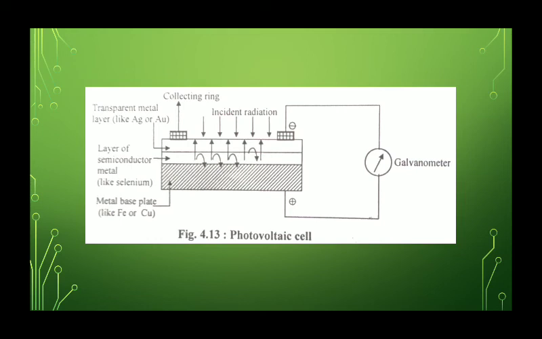It creates an electric voltage difference between the silver surface and the base of the cell. The external circuit has low resistance and therefore a photocurrent flows through the outer circuit. The photocurrent is recorded by a galvanometer in the circuit. The magnitude of the photocurrent is directly proportional to the radiant power of the incident radiation.